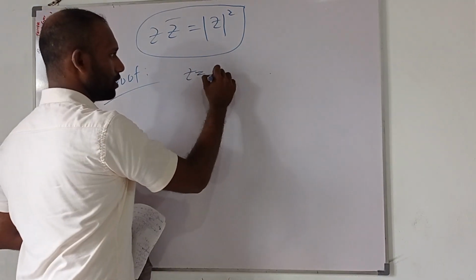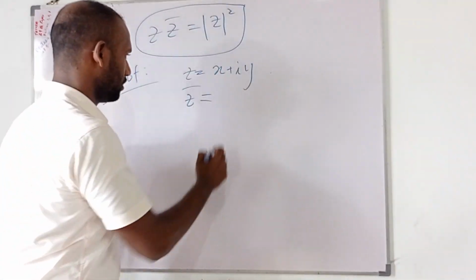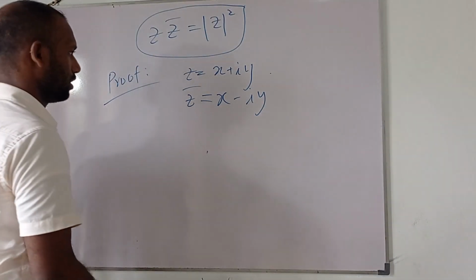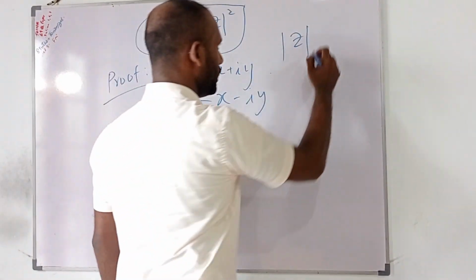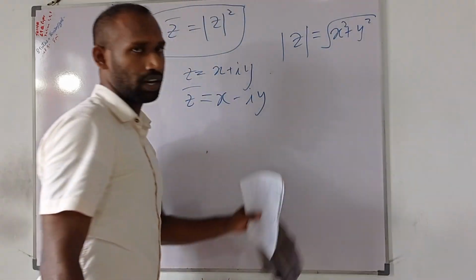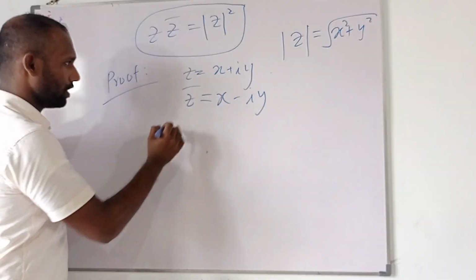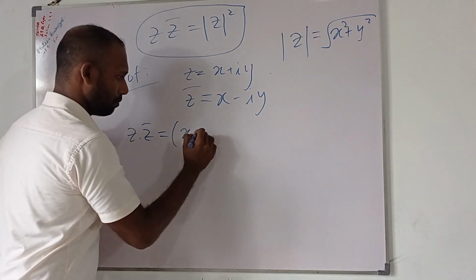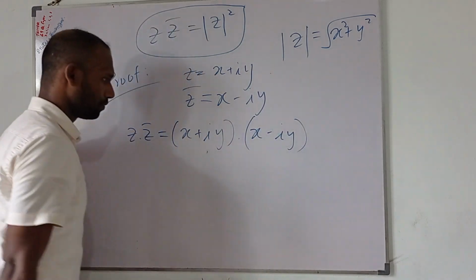Z equals x plus iy, Z bar equals x minus iy, and the modulus of Z equals the square root of x squared plus y squared. So Z Z bar equals x plus iy times x minus iy.